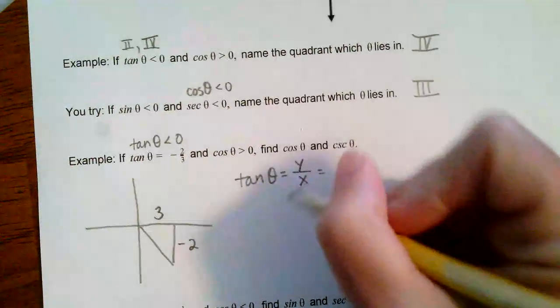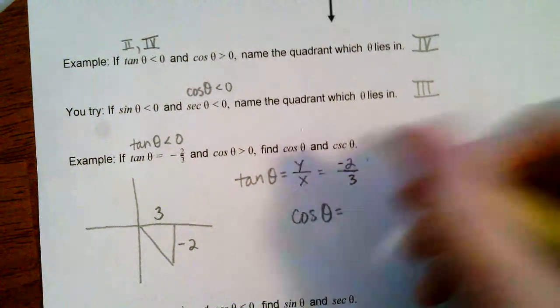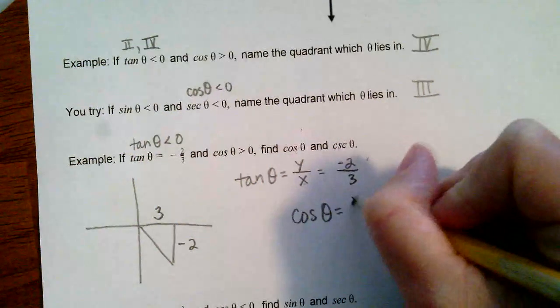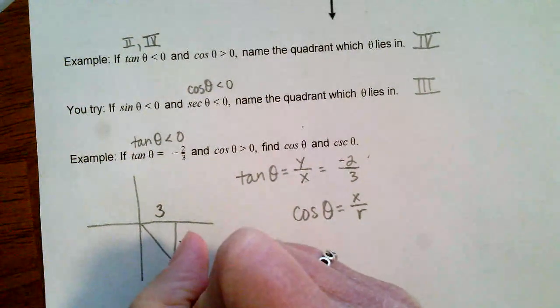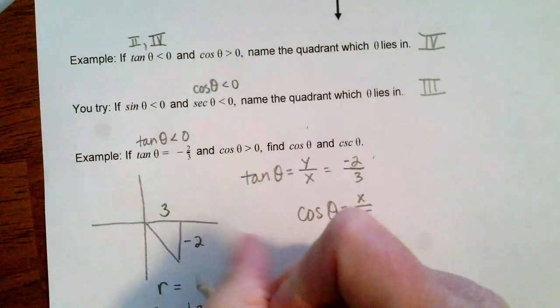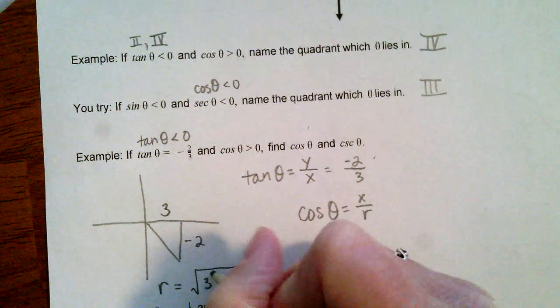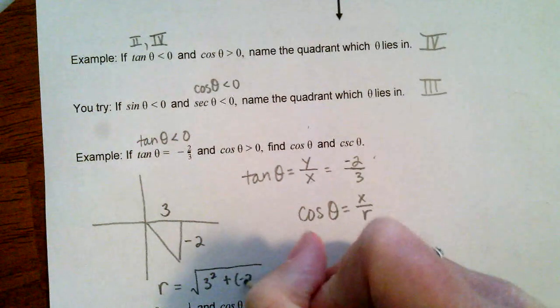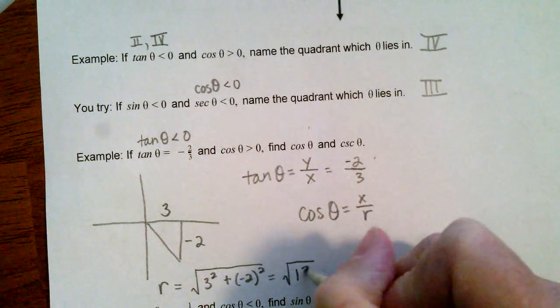It's now asking for my cosine, which I know is x over r. I don't have my r, so r is going to be the square root of 3 squared plus -2 squared, which is the square root of 13.